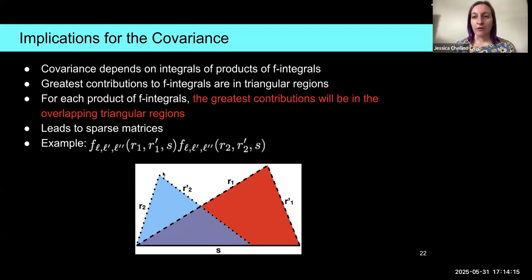And if we take the product of those as we would need for the covariance, we can see that outside of the overlapping region, which is given in purple here, the covariance will be near zero. So by identifying that the F integrals have the greatest support when we can form closed triangles, we're able to say that this is what causes sparse covariance matrices.